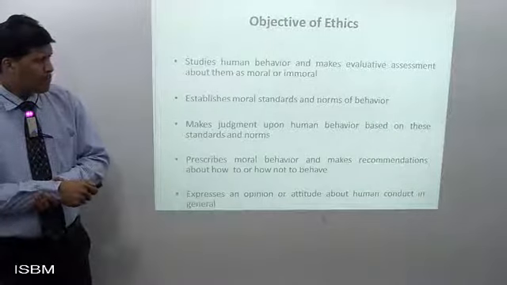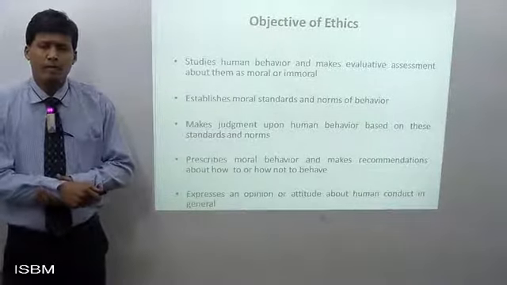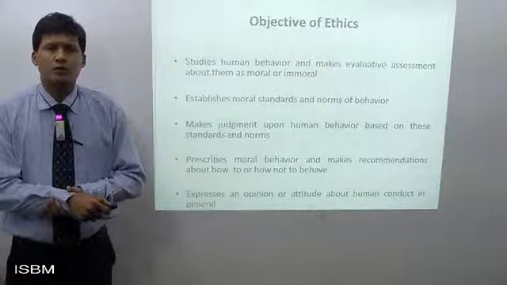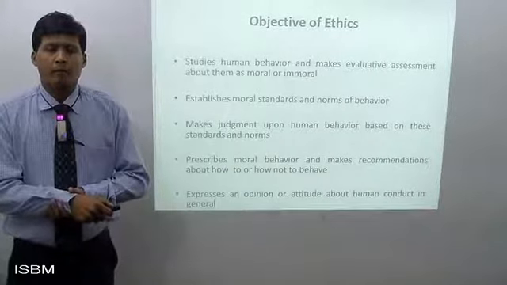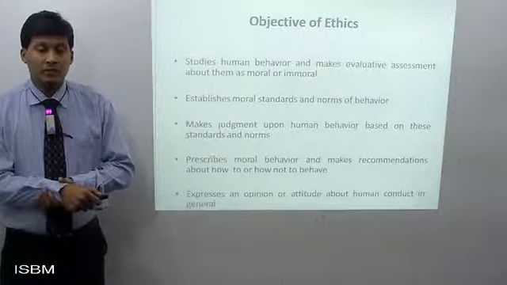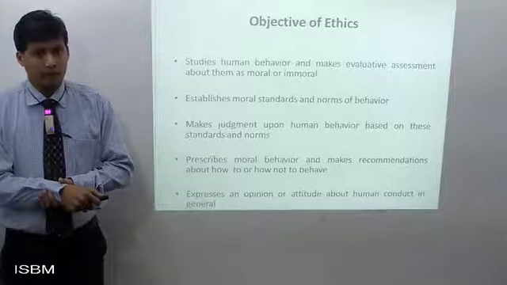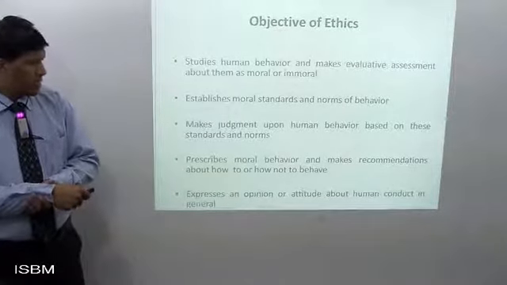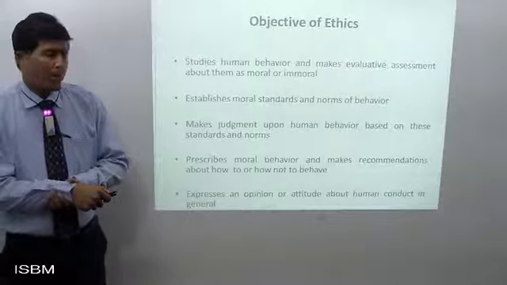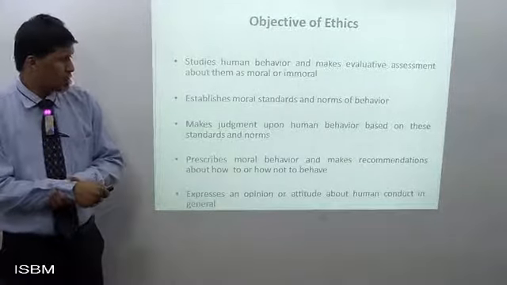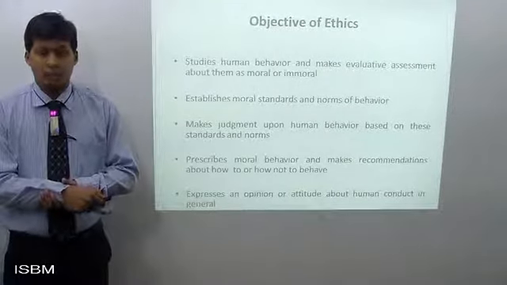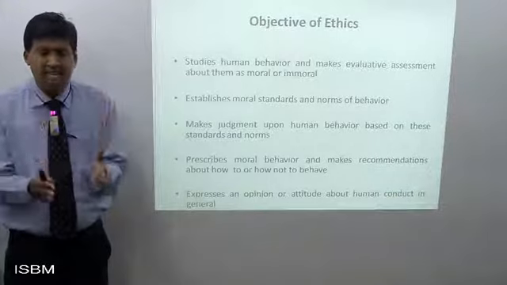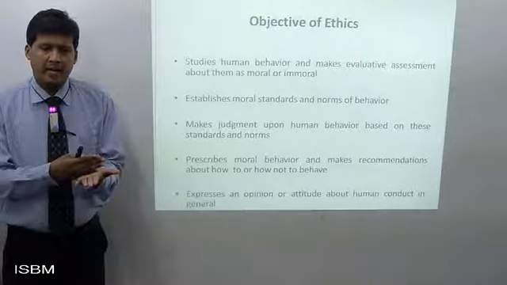It establishes moral standards and norms of behavior. Society lays down certain rules that people consider moral or immoral. It makes judgments about human behavior based on these standards and norms. So people are branded or labeled.